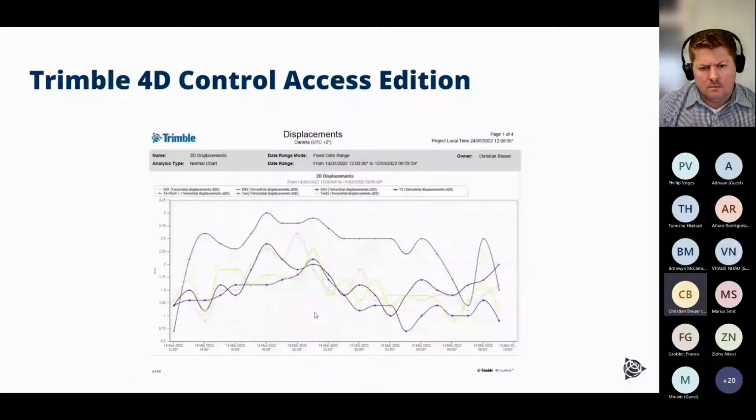I mentioned reporting. Reports can, of course, be created manually here in 4D Control, but it's more interesting to create scheduled reports. For example, this one here is scheduled to be created once a day. You select the time when it should be sent, and it contains then the data range that you have selected.